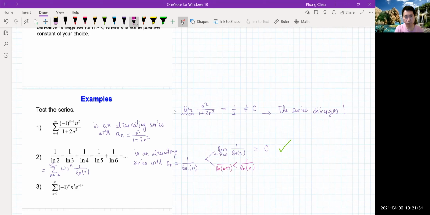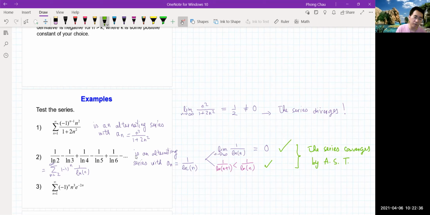Again, is it true? Yes, because the numerator is the same value, and the denominator on the left is smaller, so the fraction on the left is larger. So that checks. Combining these two, we can conclude that the series converges by the alternating series test. So that should finish this part 1.